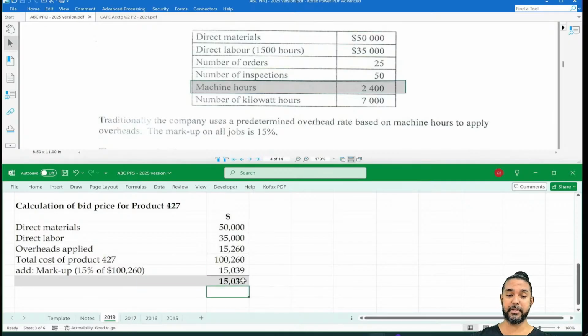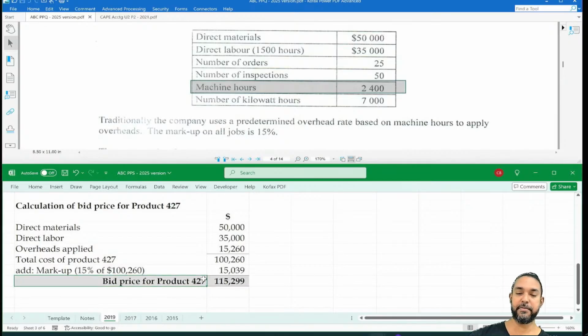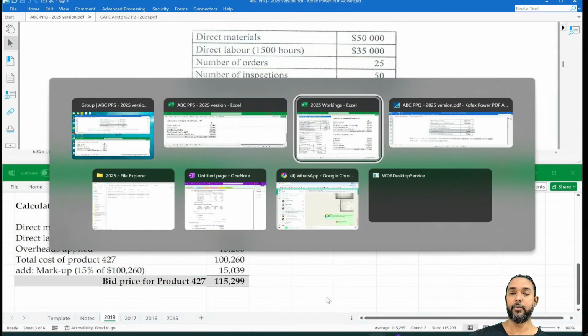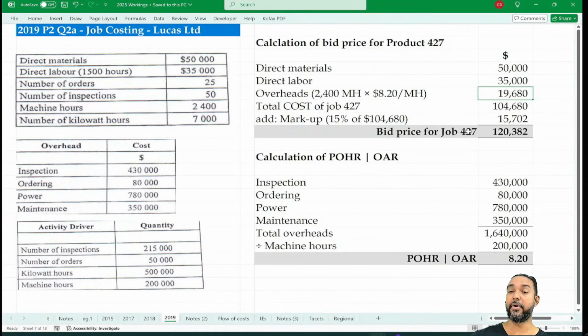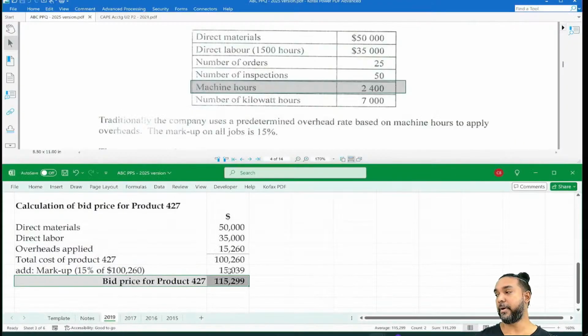And when we add those two together, we get the bid price for product 427, right? Now check this, 115,299, so 115.3. What was the bid price across here? 120.3. So a $5,000 savings, I guess you could say, by using activity-based costing, right?